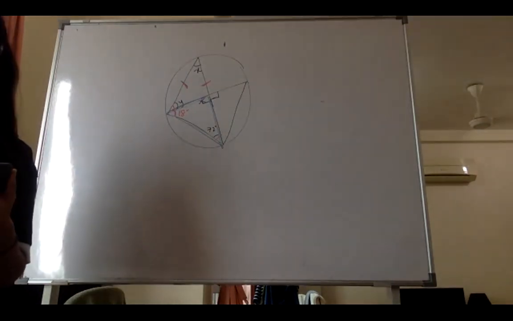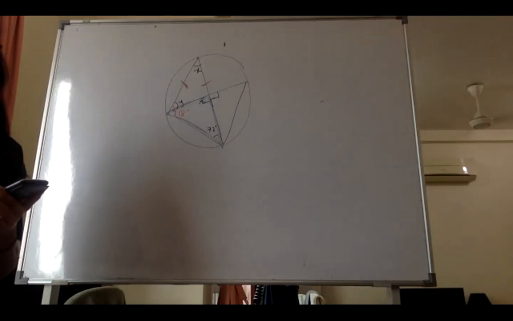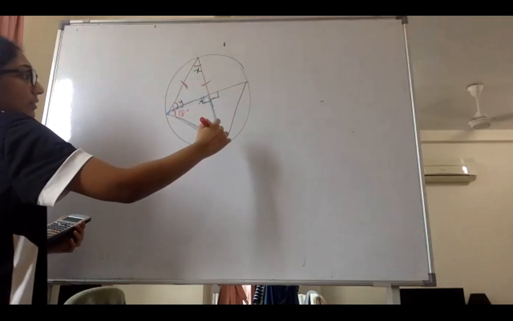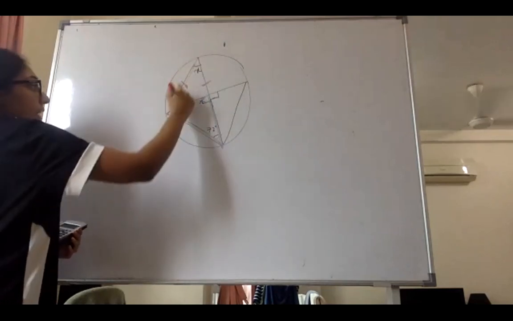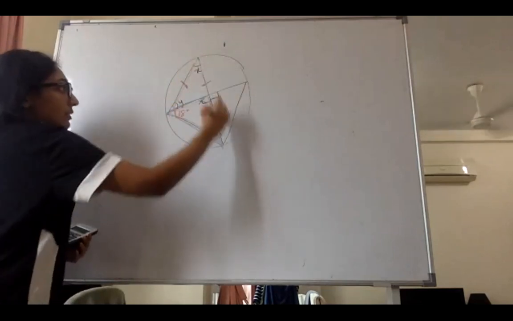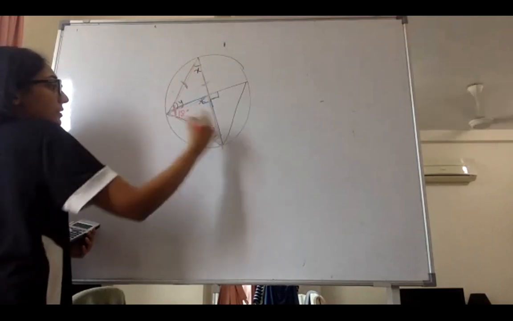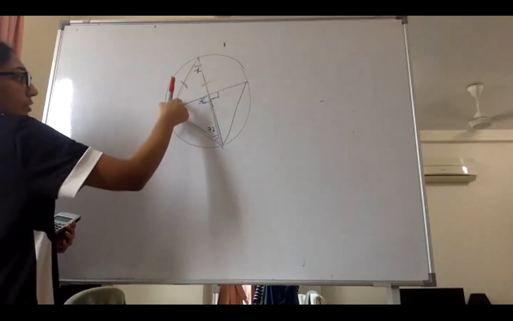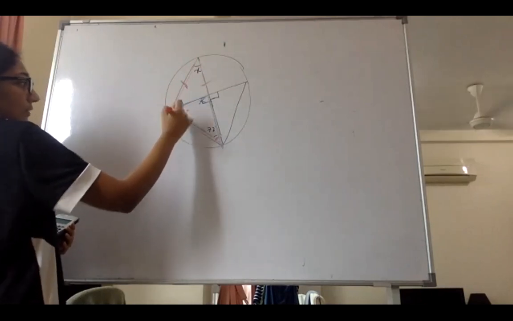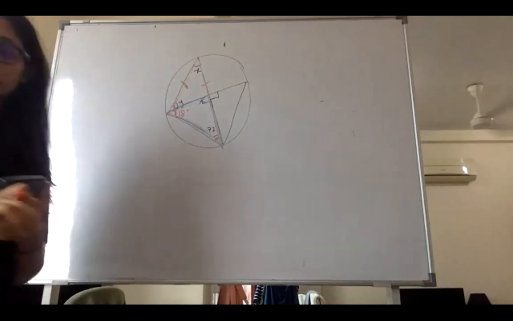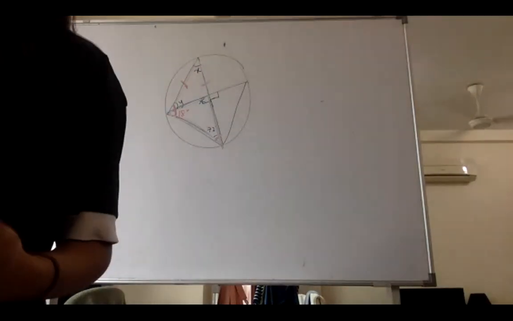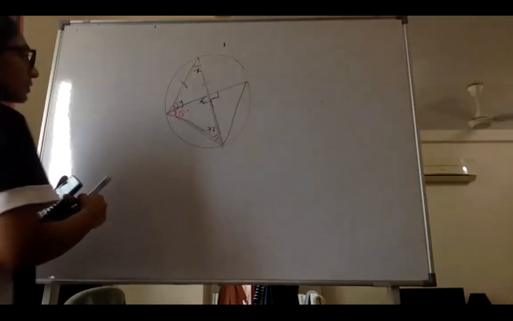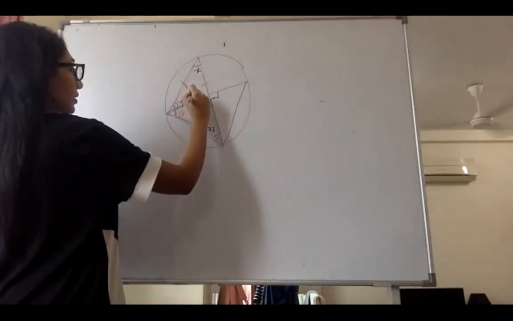So this is an isosceles triangle. These two are the same, which means these two angles are the same. So if this is 72, this is also 72. So what is y? 54, correct. So y is 54.